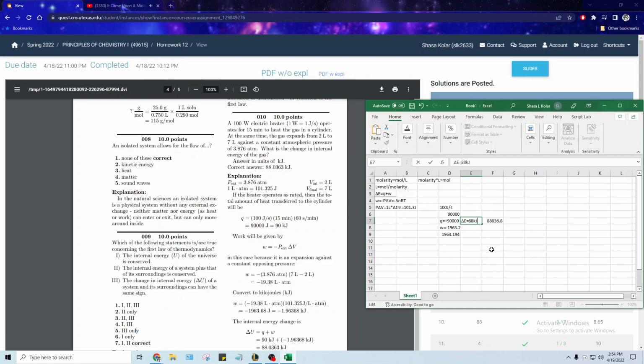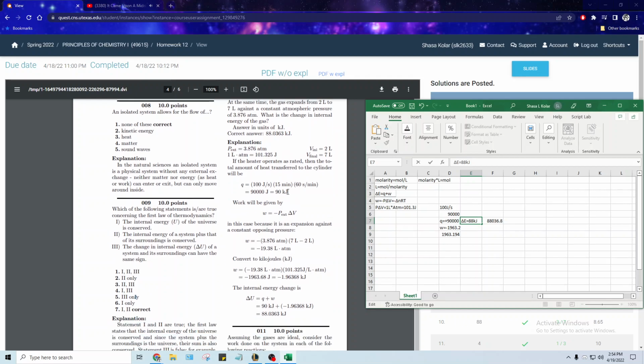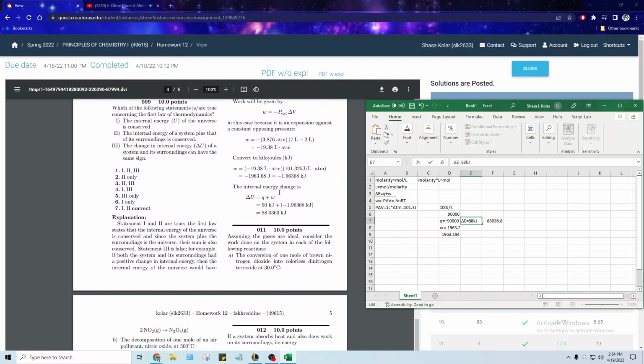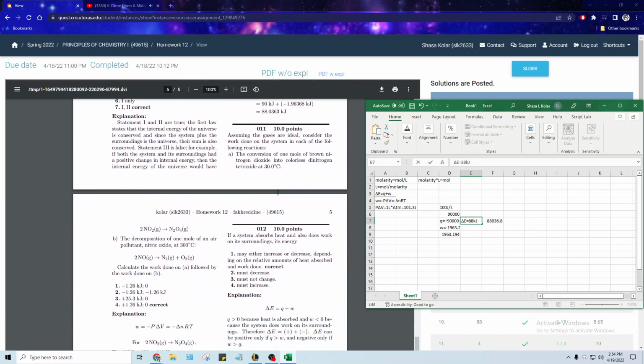You just have to make sure you do all the work properly and answer in kilojoules, and you'll get the right answer. Apparently I'm slightly off. Oh, they only used 100. Apparently they're only using 100, but it's close enough that it doesn't really matter, because it's kilojoules.